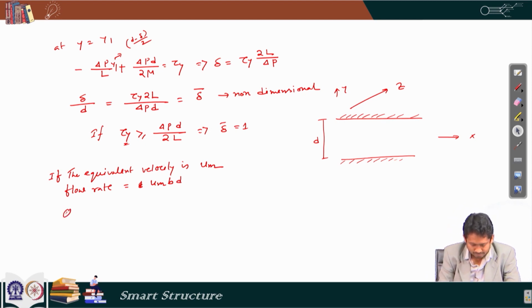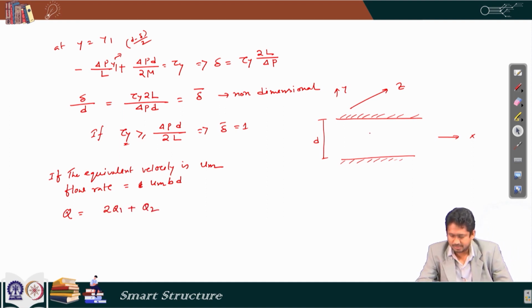So, the actual flow q is equal to 2 q 1 plus q 2. Again there are 3 regions, region 1, region 2, region 3.